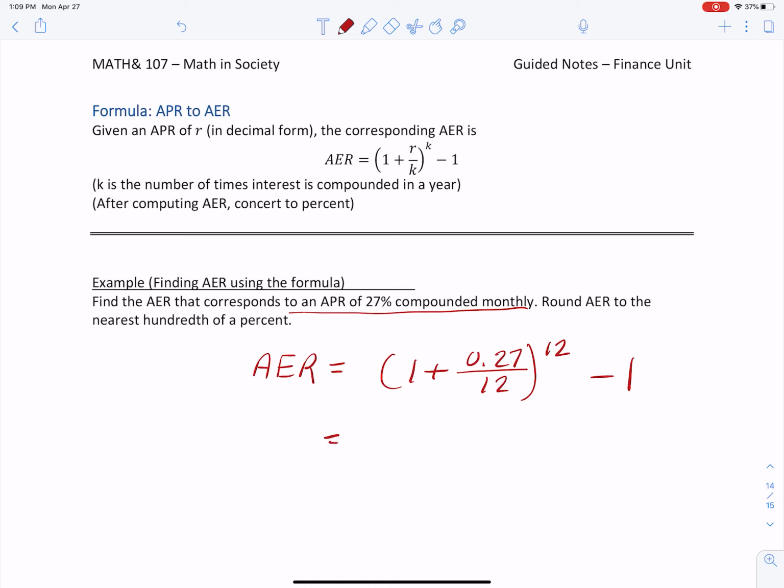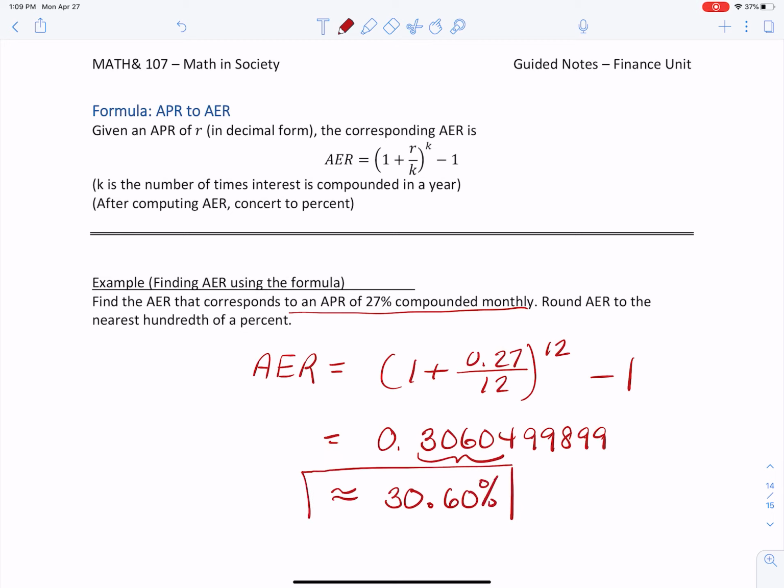And if we compute that out in decimal form, we're going to get 0.3060499899, which if we round it off to the nearest hundredth of a percent, like is usually done, we could say 30.60%. So naturally, as the interest rates get higher, we start to earn more and more interest on that. So that's how much your credit card companies are earning off of your unpaid balance every year when they say 27% compounded monthly.